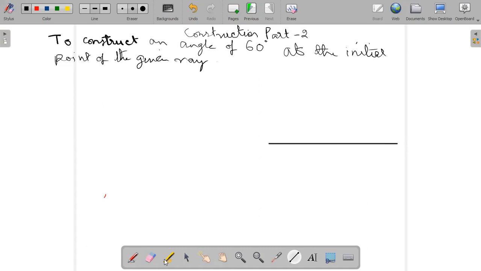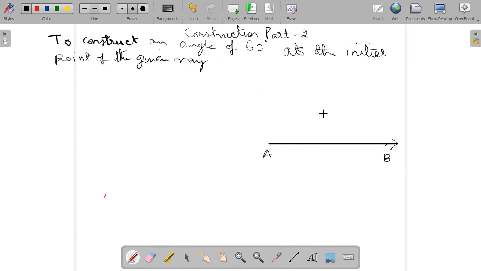This is the given ray, and its initial point is A. Suppose AB is a line.